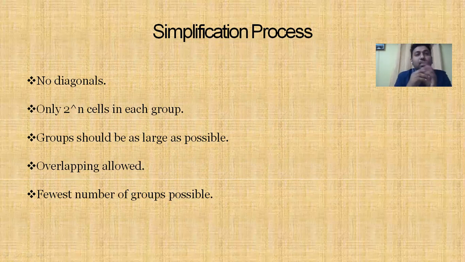That means we always try to make the number of groups a minimum, because if we do not consider the minimum number, the expression will be bigger. So here our motto is to minimize the logical expression, and only if we make the fewest number of groups will that be possible.